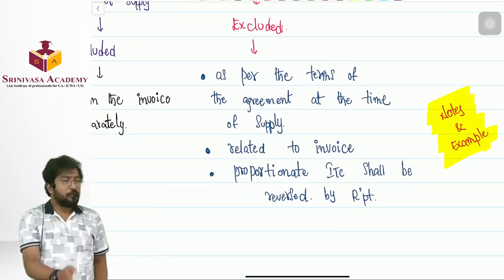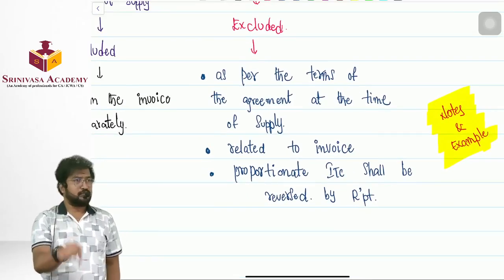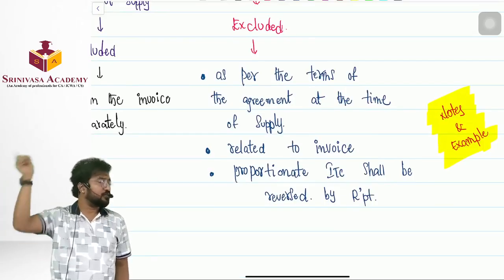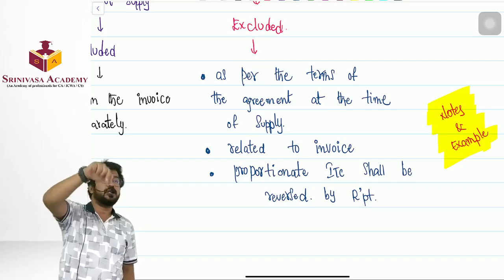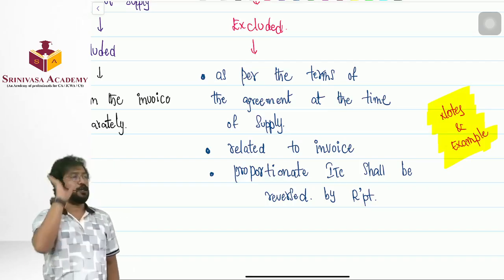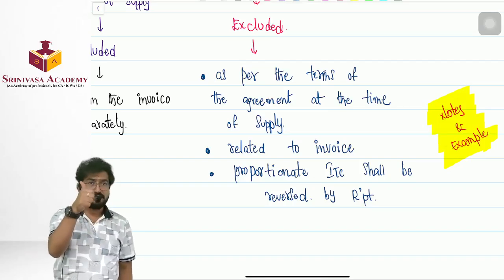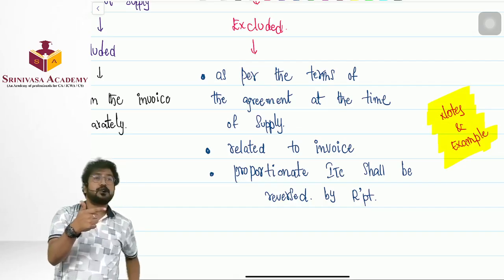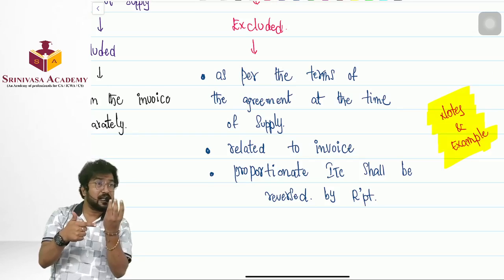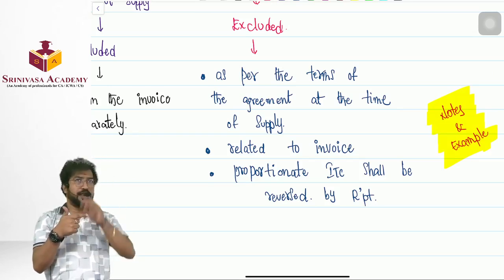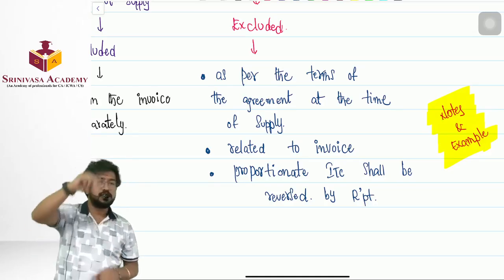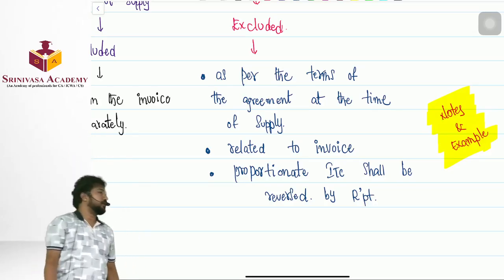You should know about this discount at the time of supply itself. Discount is given after the supply, but you know about this discount at the time of supply only. This should be as per the terms already agreed. Second one, this discount should be related to one particular invoice. You should identify which invoice this discount is related to. Third one, the recipient should have reversed proportionate ITC.